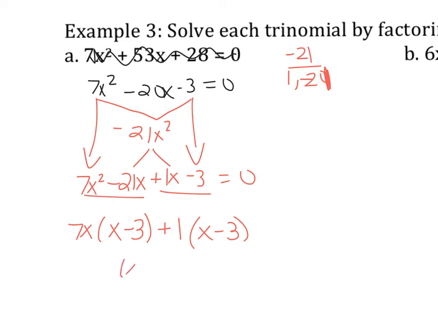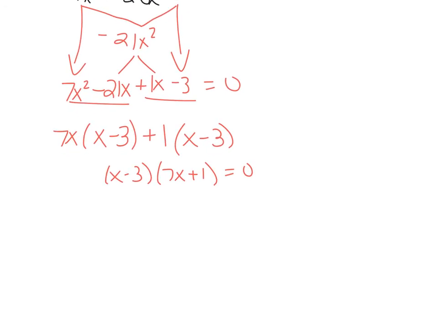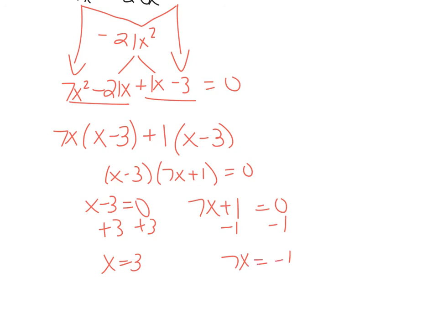And then we have what's inside and what's outside equals 0. So if you recall from part 1, now we take each factor and set it equal to 0 and then solve. So we'd add 3, subtract 1, and then divide by 7. So those are our 2 solutions.